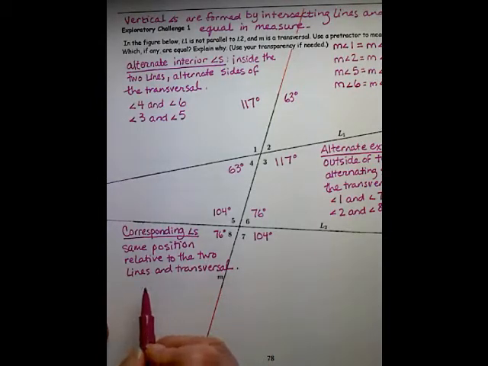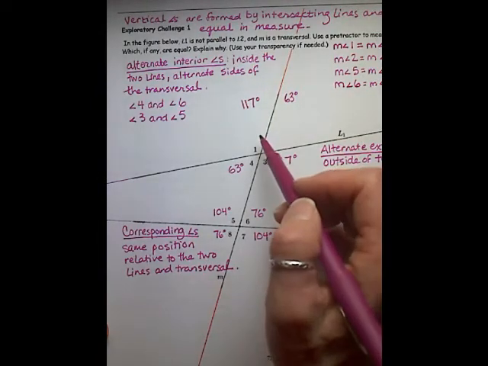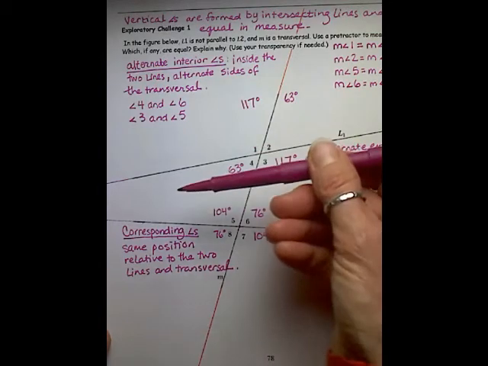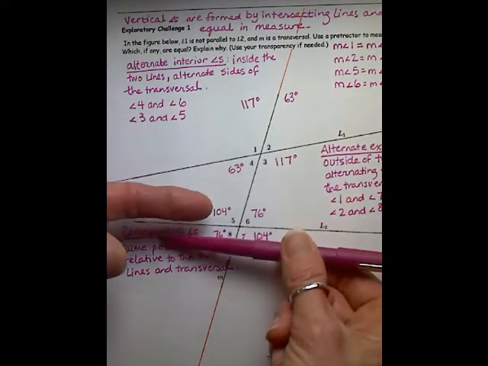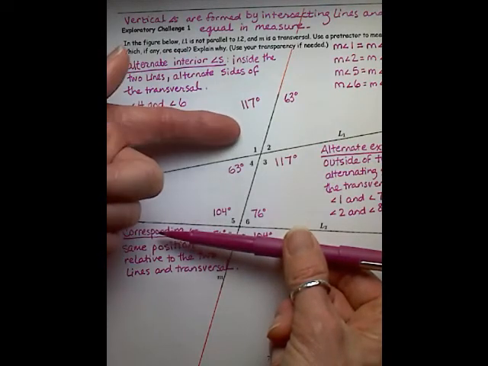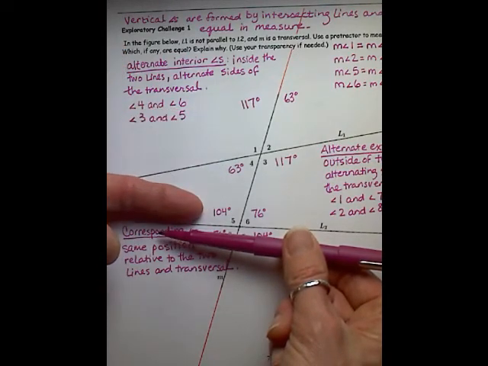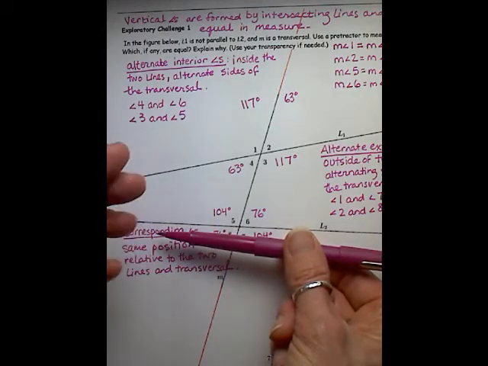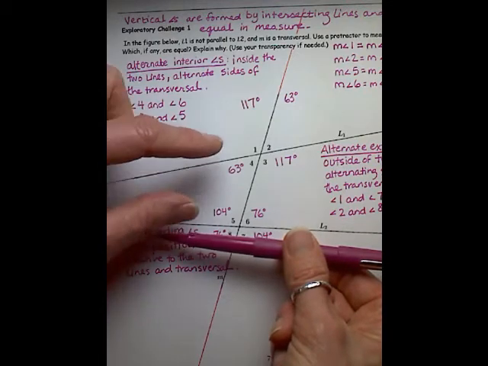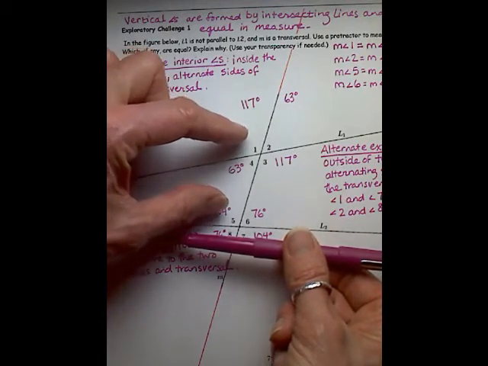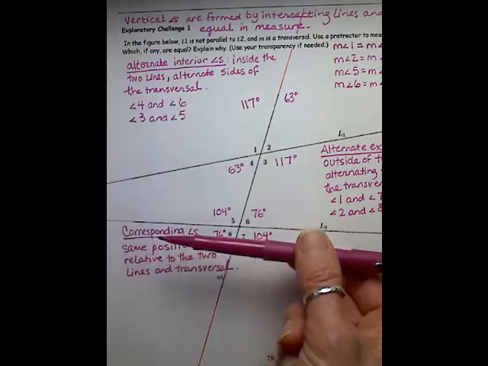So our first pair of corresponding angles. So in terms of the two lines, we can say it's on top of the line and on top of the line. So angle 1 and angle 5. And then the same position in terms of the transversal would be on the left side. So angle 1 and angle 5 are corresponding because they are both on top of the lines and to the left of the transversal.